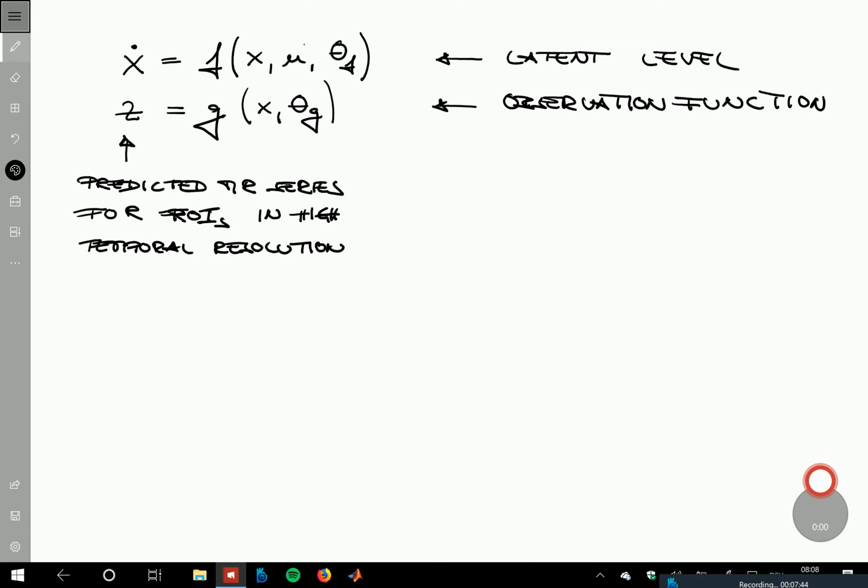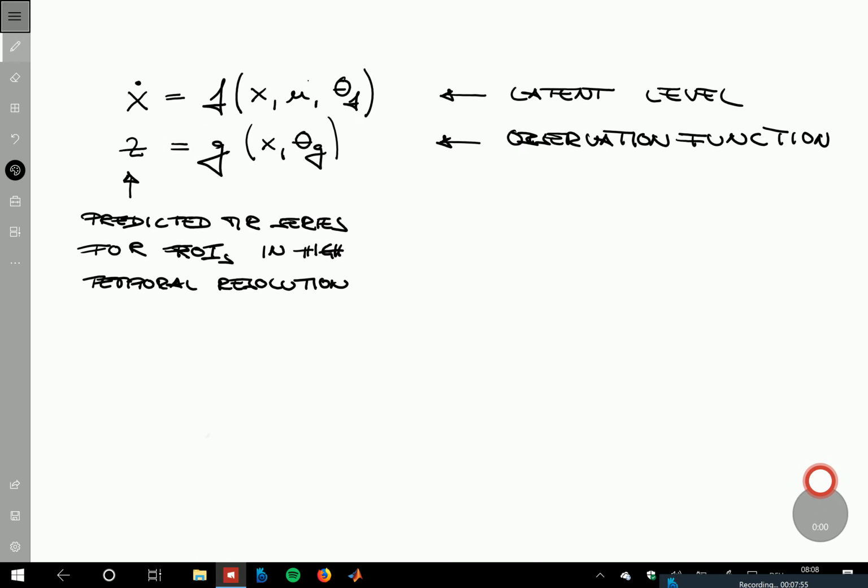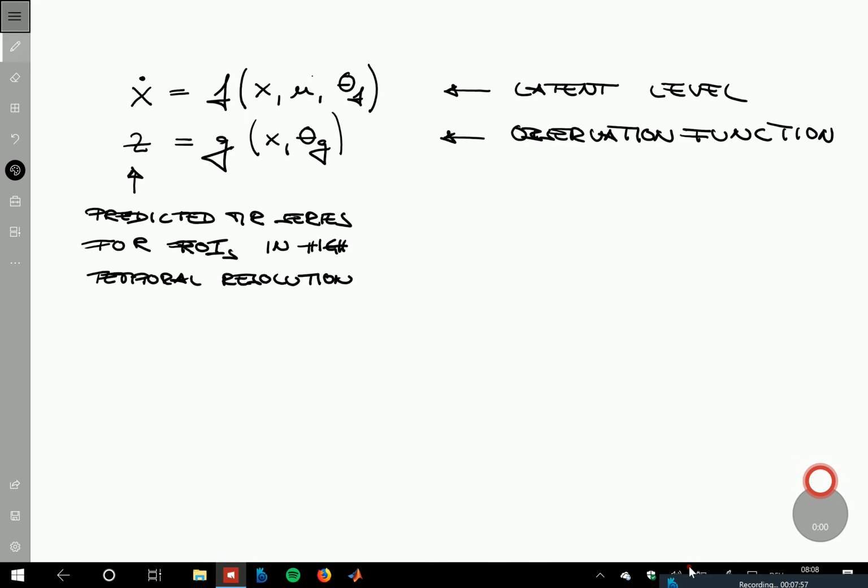So if you think about our function h, how does it do that? It delivers the u and the theta f to this function f. It delivers the theta g to this function g, and then these things do something, and then z comes out.